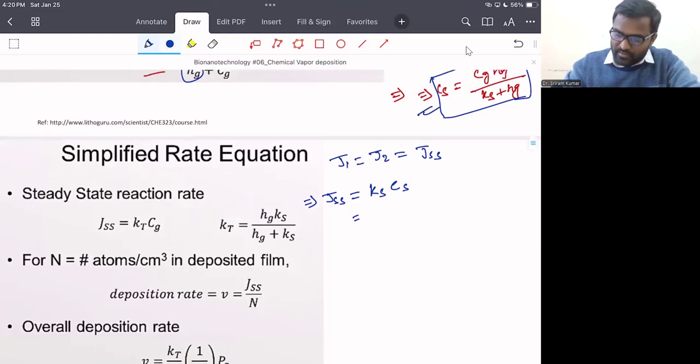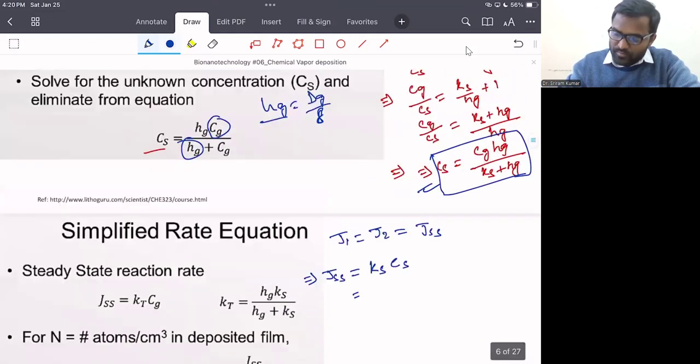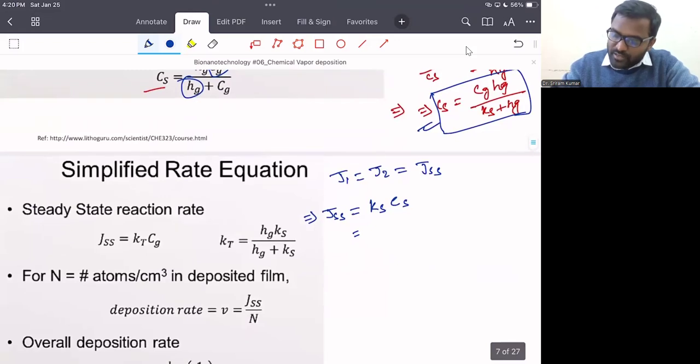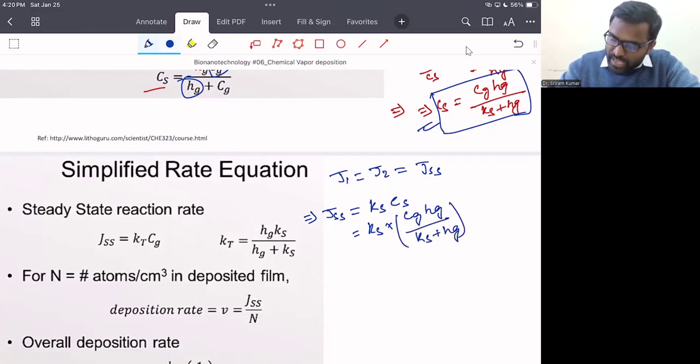So from the above equation we have Ks into Cg into Hg, and we have Ks plus Hg. So we have this term for the Cs.